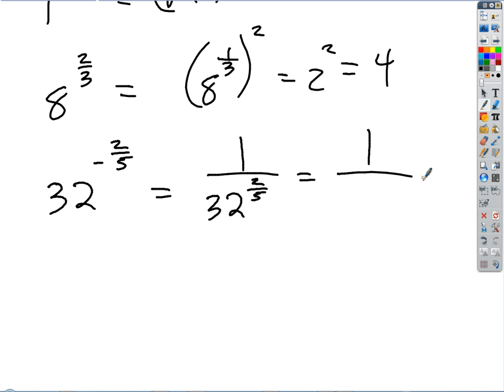So that's just going to be 1 over 2 squared, 1/4, right? Once again, if I do 32 to the 2/5, I do the 1/5 part first. 32 to the 1/5 is 2, squared is 4. Okay?